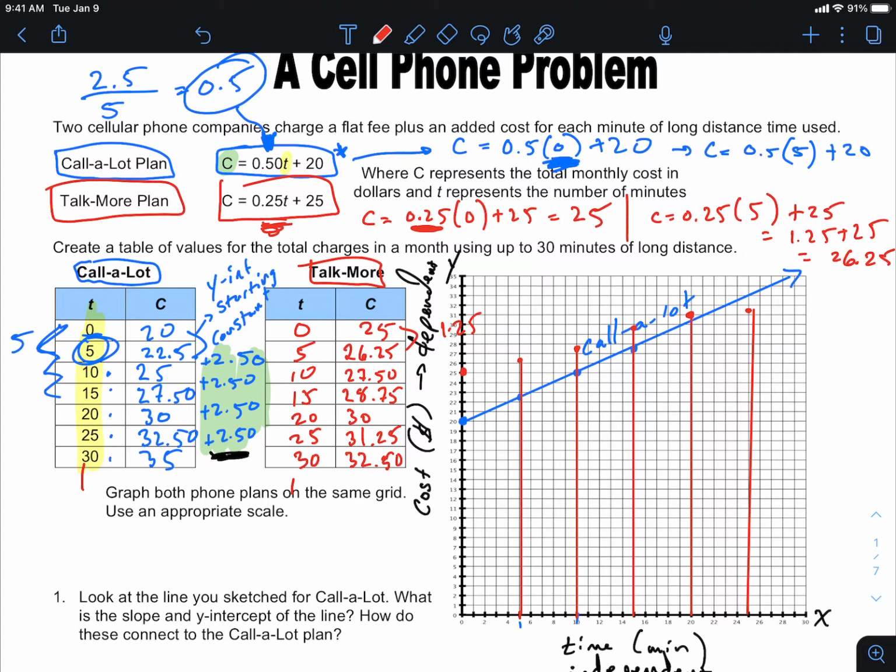What is going on? A little bit off. Okay, I'm going to fix the blue graph too in a minute. Okay, and then you guys connect the dots. You're going to see the two graphs cross somewhere, right? I'm going to fix the blue graph so that they cross in a better spot because I think the graph is just a tiny bit off.